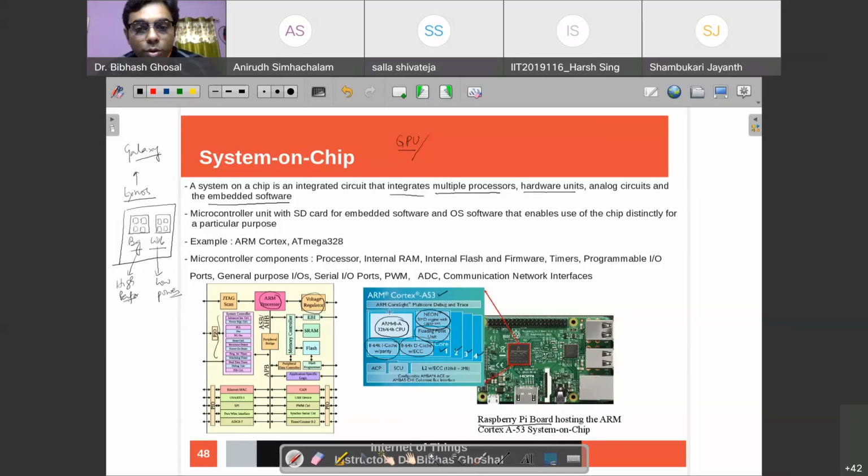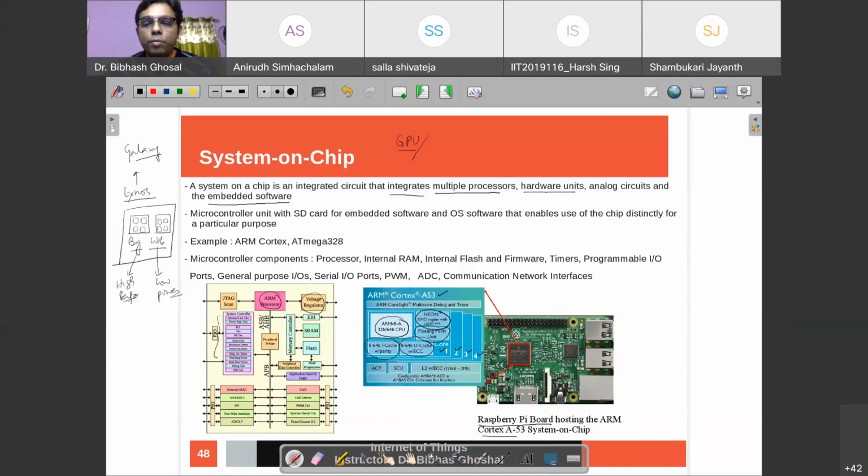Look at this block. This entire block, as you see as one, is one core. Similarly, you have 4 cores, right? And all these cores are sharing some memory. So they have a common memory that's also inside. Everything in total is one chip, and it's called Cortex A53.